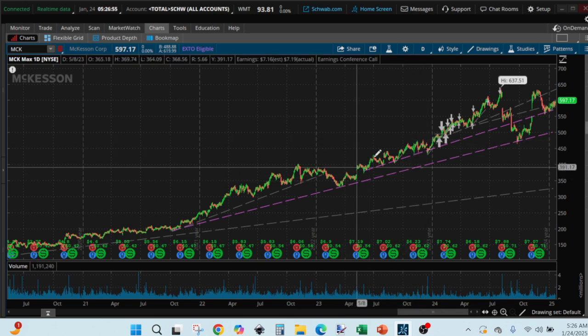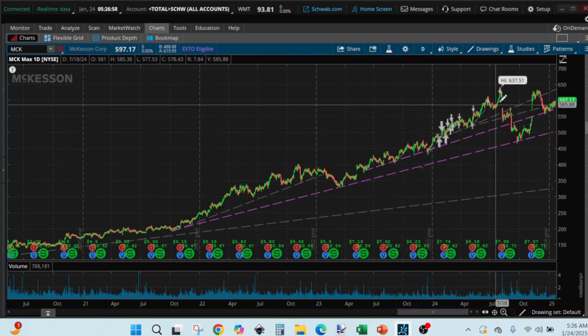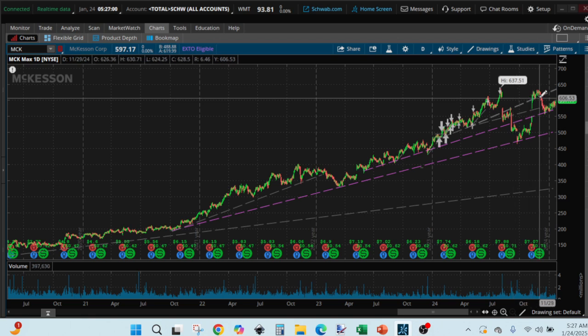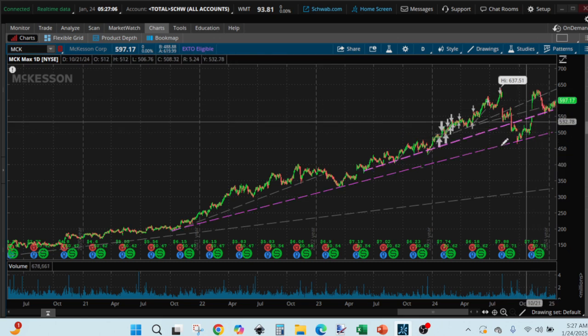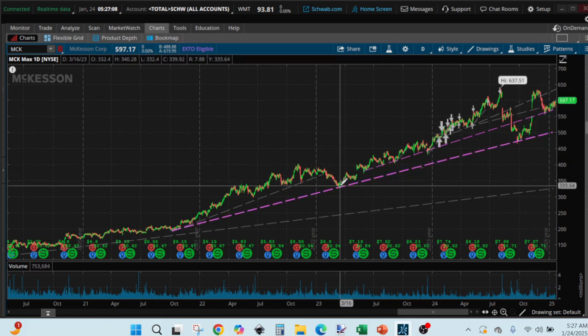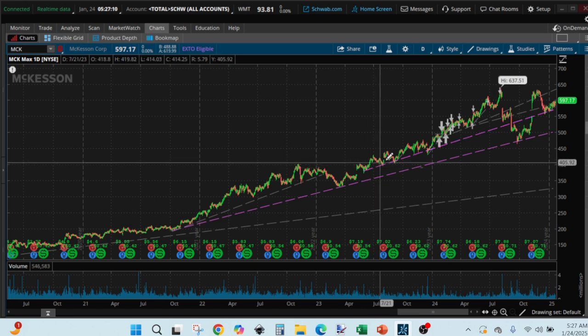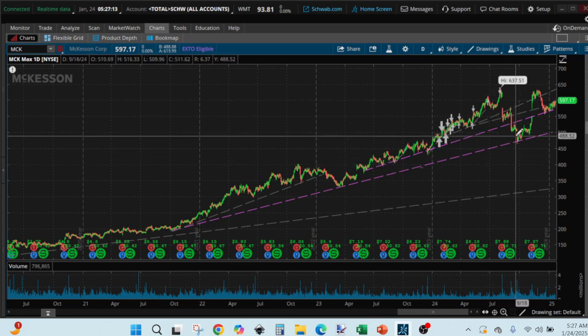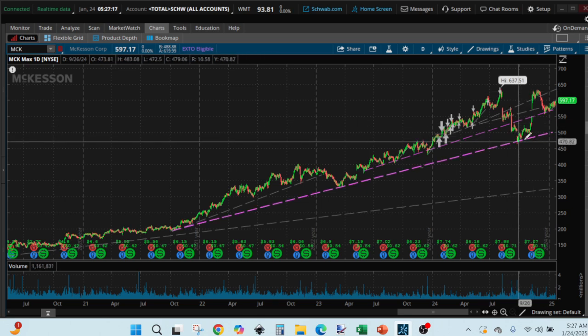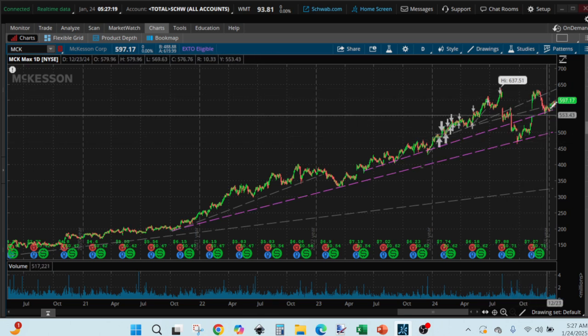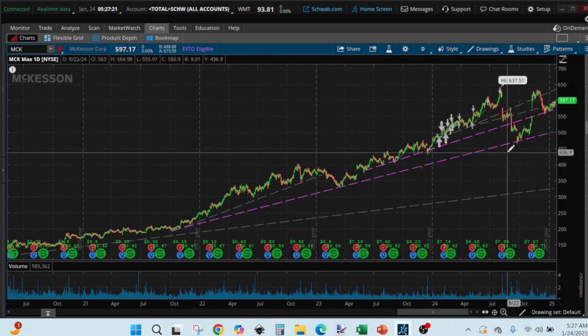And when it left it, it took about a year and a half or close to 2 before it pulled back to it again. And from here, when it left here, it started this trend line, which it followed and then pulled back. And then when it went up from here, it pulled back to this trend line here, and started from there.